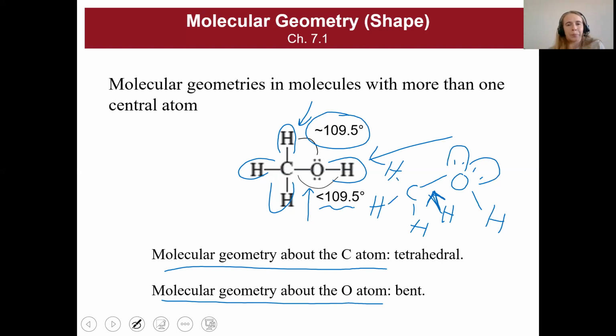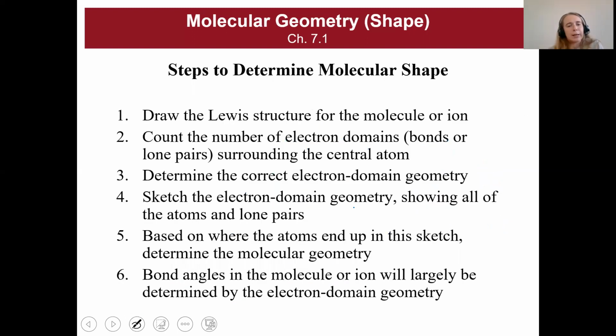All right, finally, I'm not going to go over this, but these are the steps to determine the molecular shape. You start with the first 3 steps where you determine the electron geometry, the 3 steps I had on the previous slide. And then the last 3 steps are taking the electron domain geometry and ignoring the lone pairs to determine the molecular shape and the ideal bond angles.